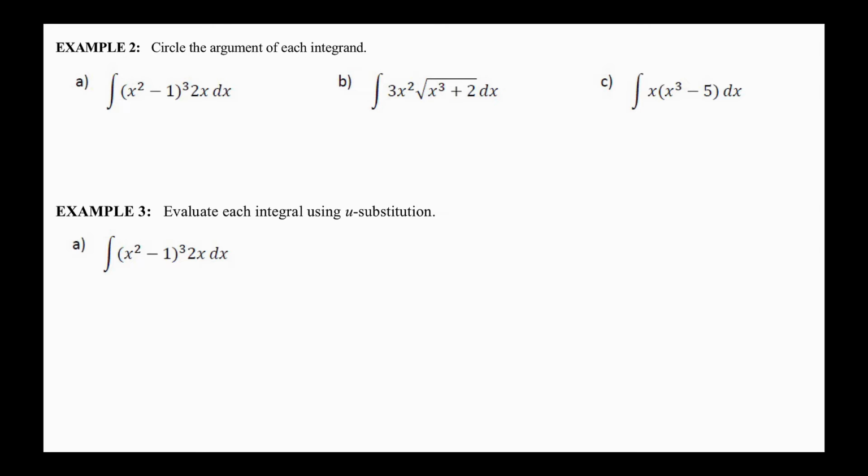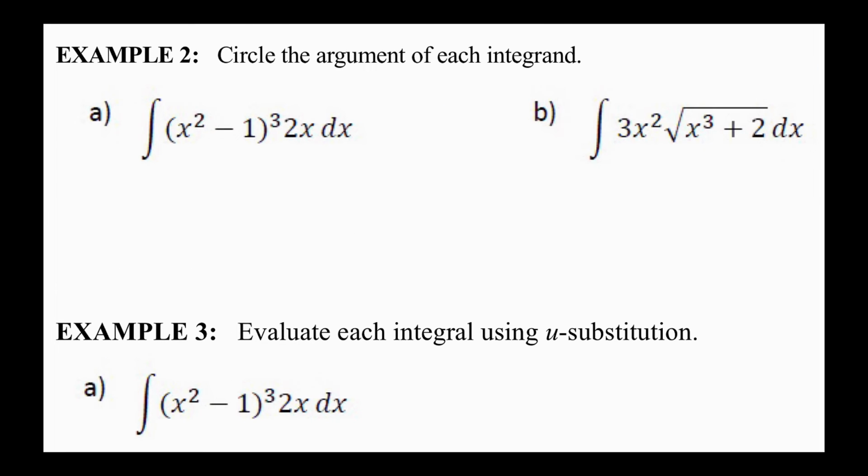So let's look at where the argument is again. So 2A. Where do you think the argument is for 2A? Where do you think it's hiding? Yeah. In the parentheses. Good. That's where it is right there.